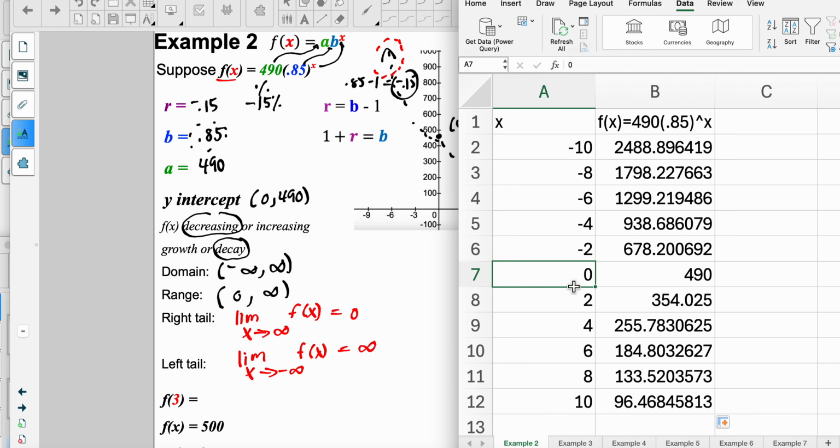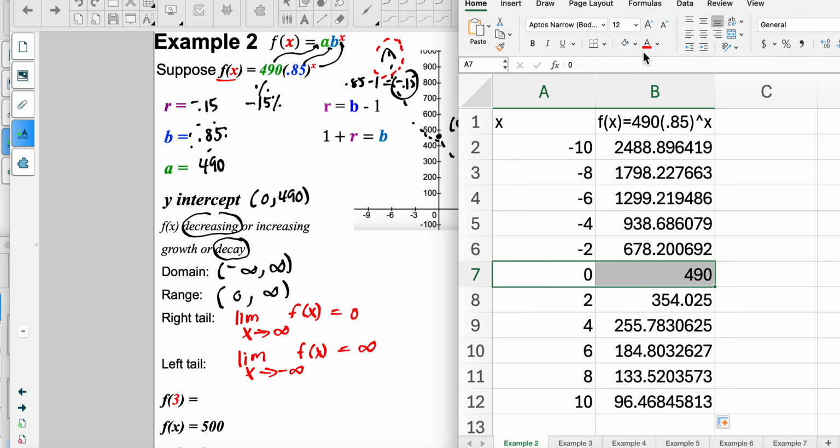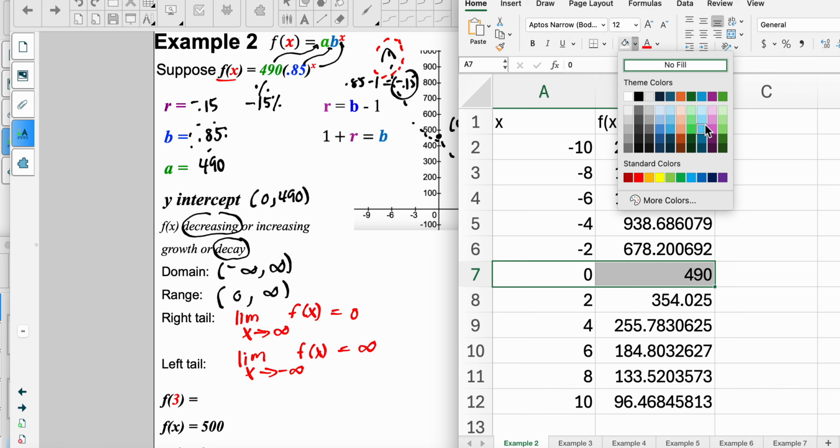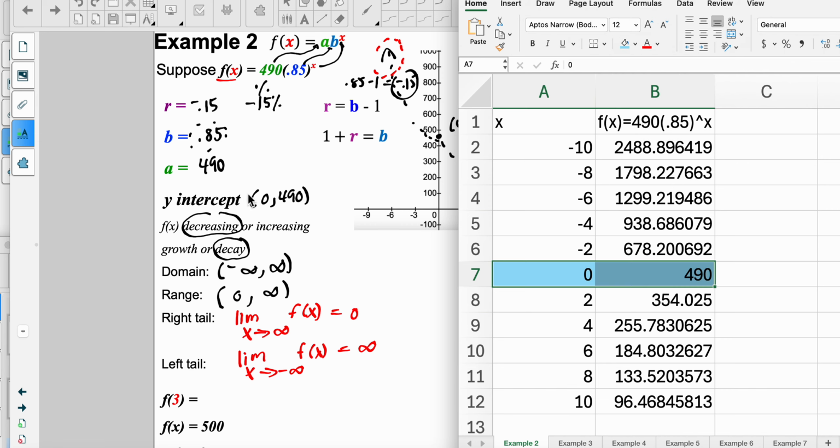When I put in x equals 0, I can see that my output y is equal to 490. That's my intercept, which is right over here.